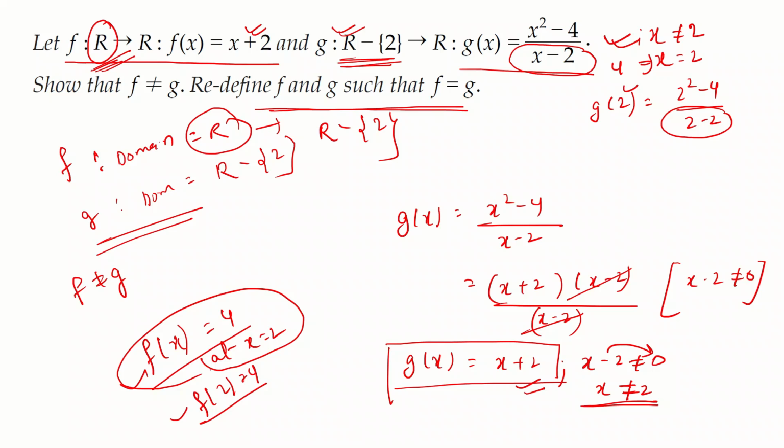So you see, both of the functions will then become equal because f(x) is 4 at x is equal to 2, and you have defined g in such a way that if x is not equal to 2, I take g(x) as this, and if x is equal to 2, then I take g(x) as 4. In that case as well, both of these functions will be equal. So the choice is yours. You can define the two functions in any way you want.